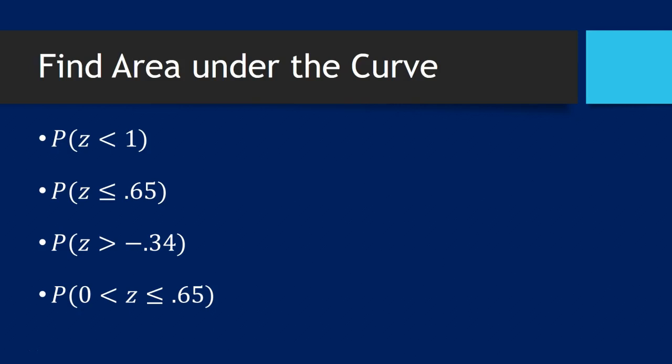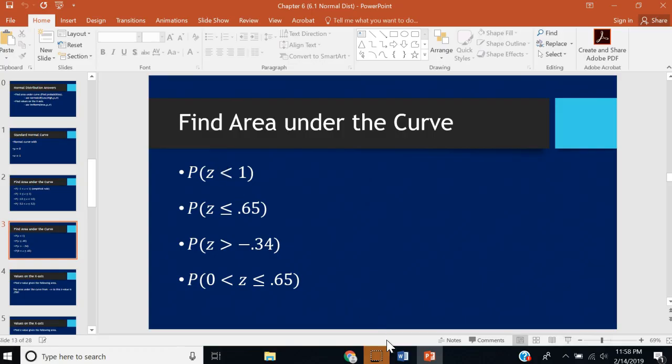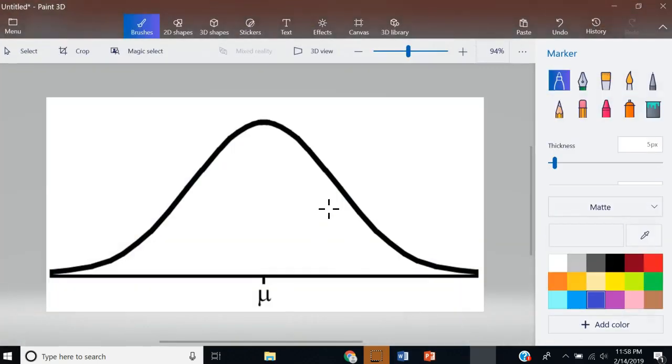Actually, in some ways there is one. Let's think about what this would look like in terms of the area under a curve. So let's go back to our normal curve. We have a normal curve, and we want to find the probability that z is less than 1. Now again, we're on the standard normal curve, so the mean here is actually 0. And so 1 is probably somewhere right around here.